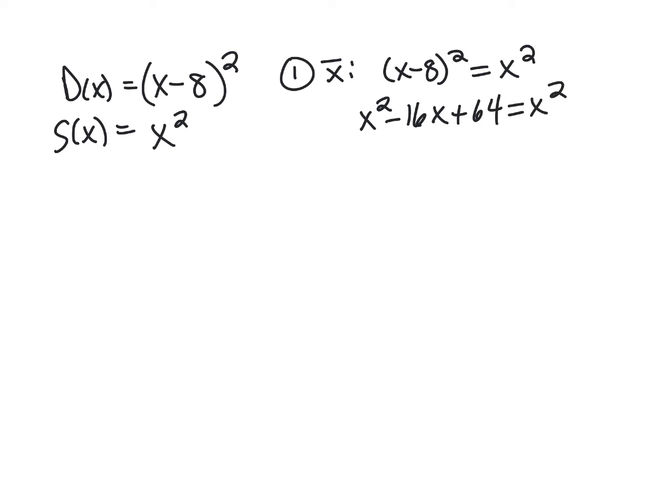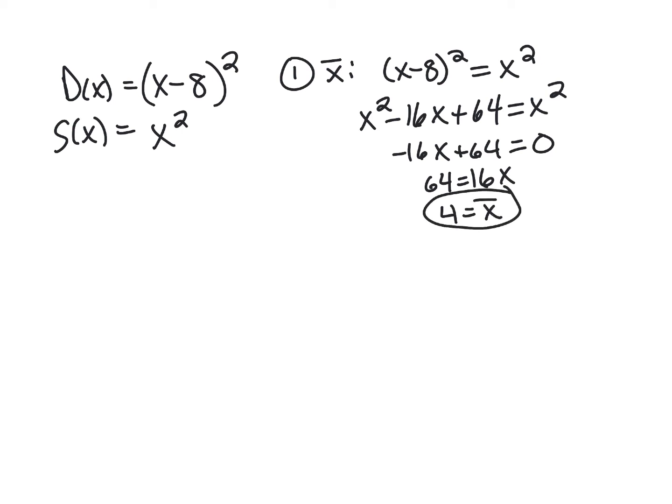Subtract x squared from both sides. And we get 64 equals 16x, and 4 equals x bar. 4 units is our equilibrium demand. Next step is I'm going to plug my equilibrium value into one of my functions, and then I'm going to plug it into the other to check it.